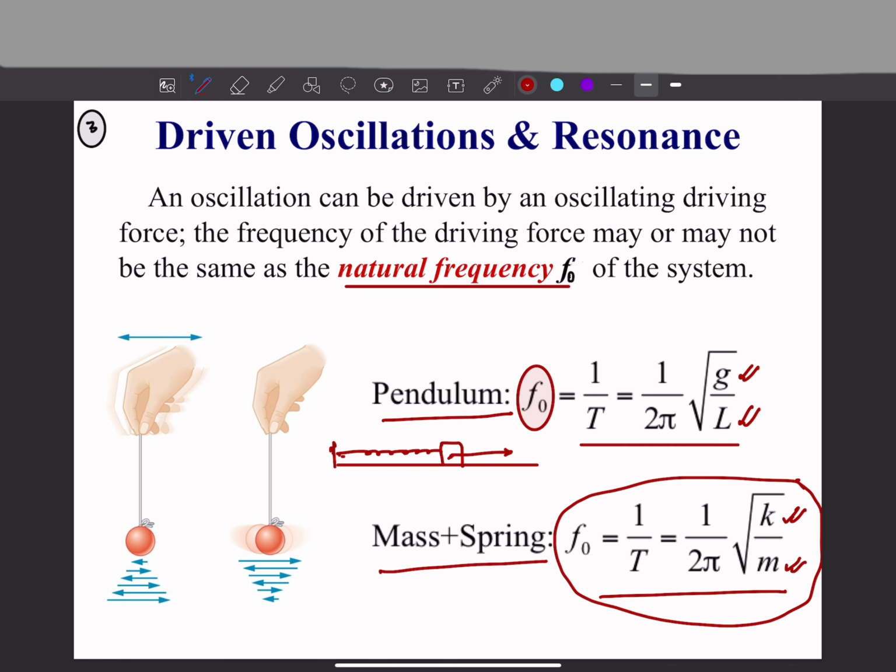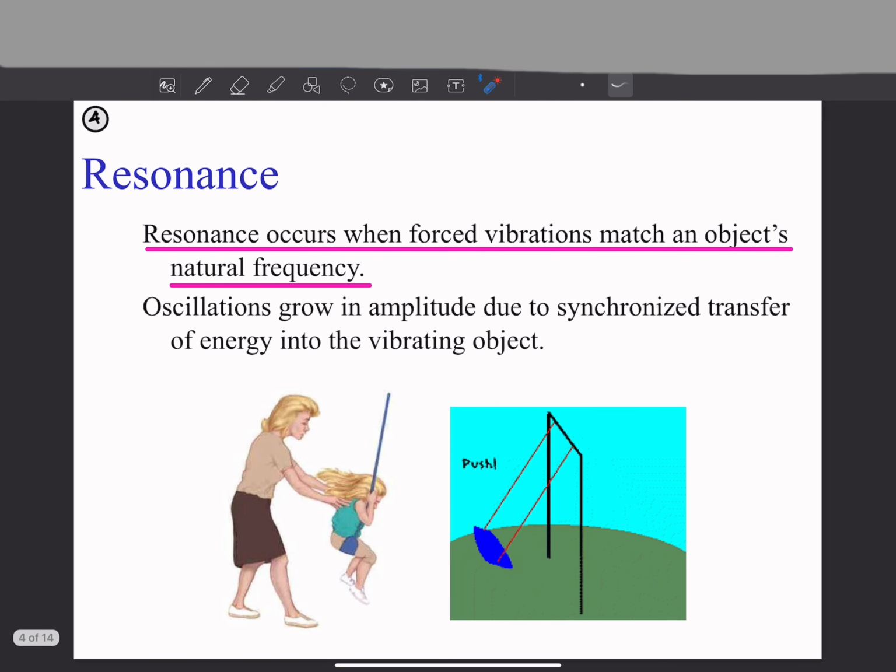So these two are very important cases and examples. And of course, as I said, each and every body has its own natural frequency, depending on its dimensions and other factors. So what is the resonance?